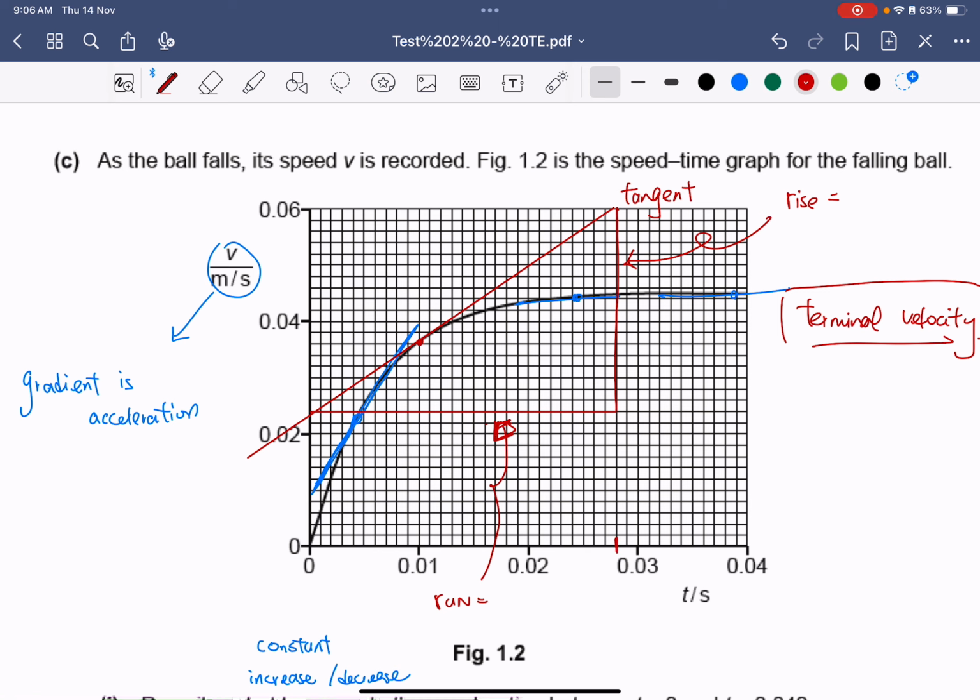Here is how much? I think it is 0.02. There's 6 of them. So this is 1, 2, 3, 4, 5, 6, 7, 8. So run is 0.028 second. And rise is from here, which is 0.022, to 0.06.